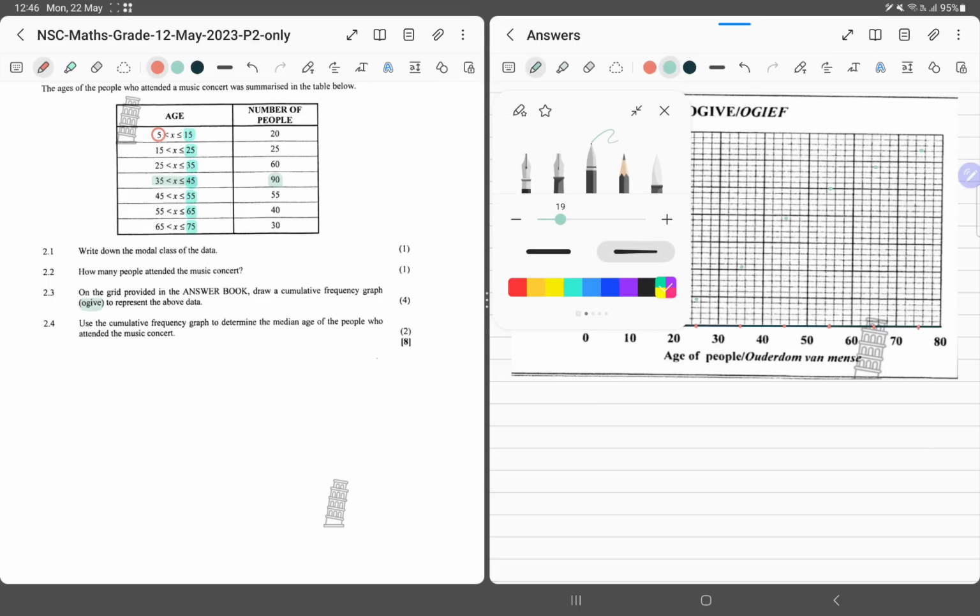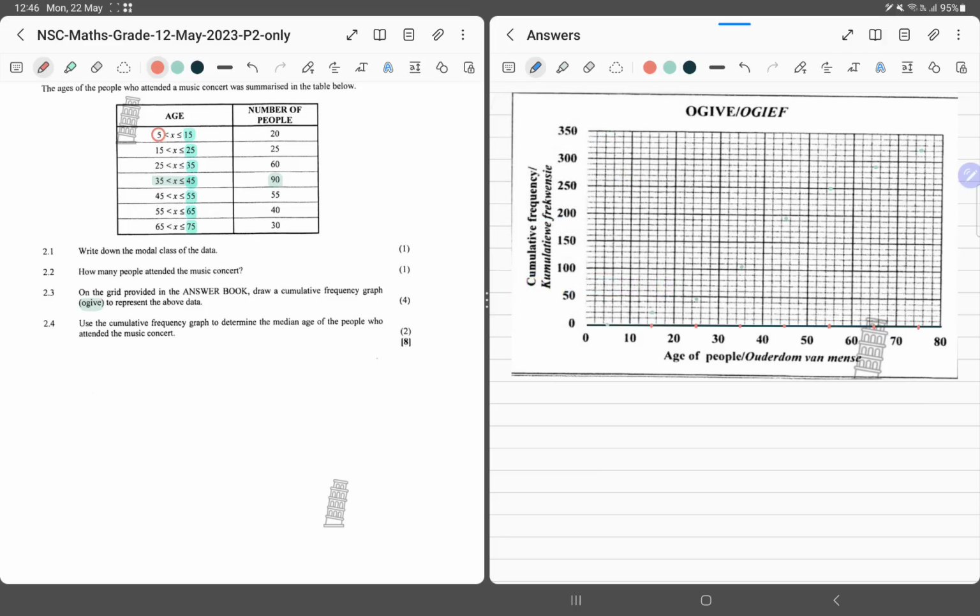Now we can draw our cumulative frequency graph or the ogive. So all we do is just connect these things.